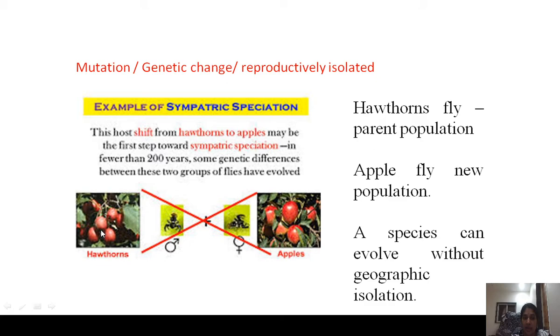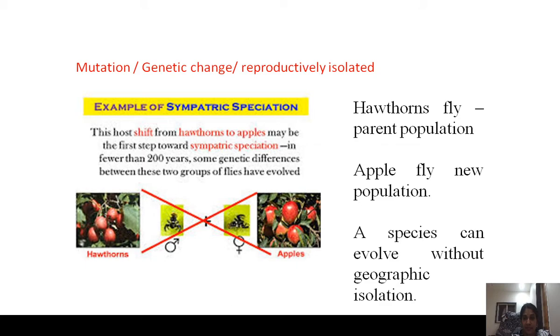Hawthorn fly males and females prefer a partner from the hawthorn flies only. And in the apple flies, males or females prefer a mate that feeds on apple only.